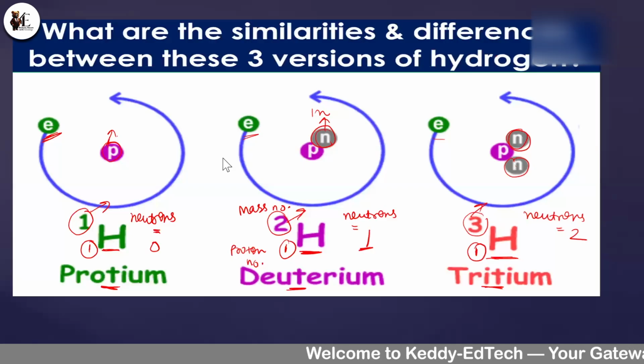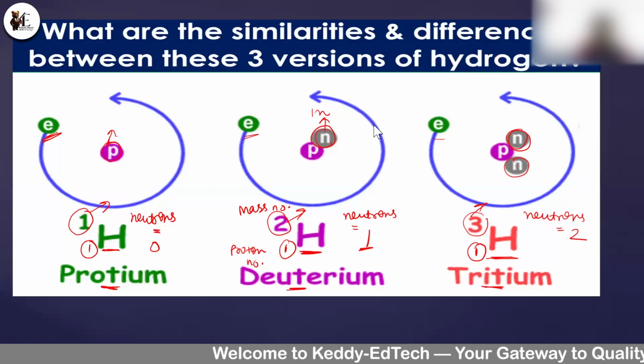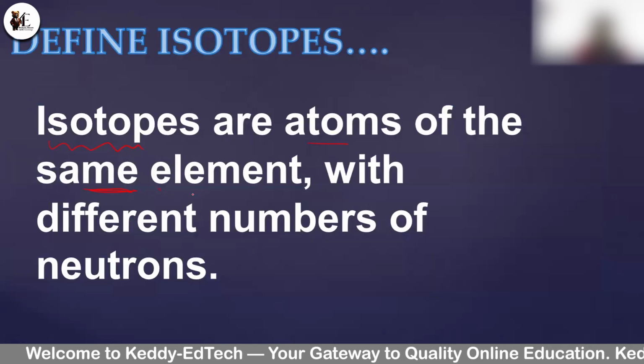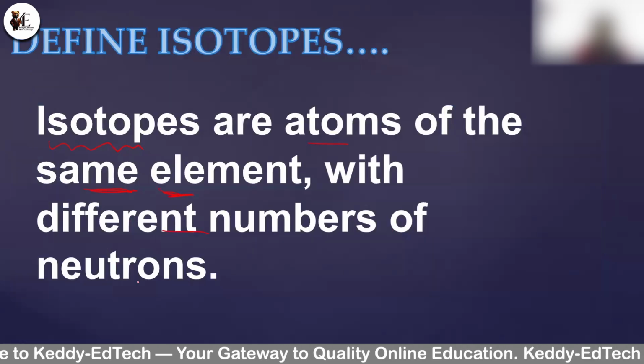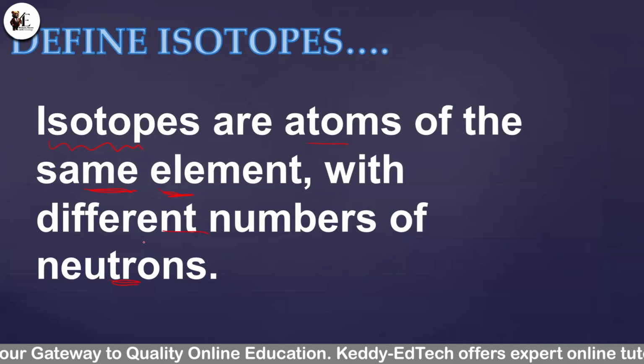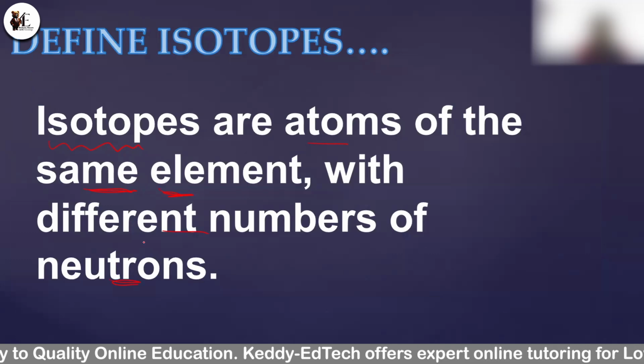Hydrogen, right? Yes, so in all 3 cases, we have hydrogen with a different number of neutrons. So this is the definition of isotopes: isotopes are atoms of the same element with a different number of neutrons.